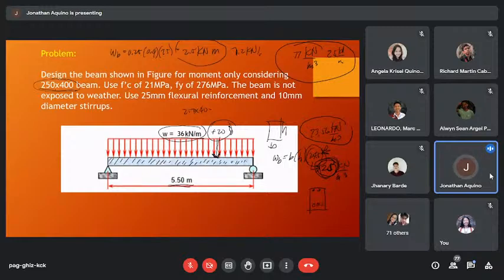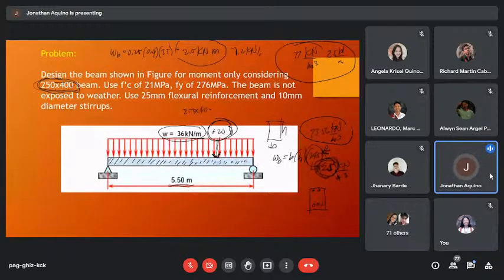But in any design problem, of course, hindi mo unknown yung values ng B and H mo. That's why we are using an additional 20% for a conservative design approach. But in the exam, if the beam dimension is given, use the beam dimension.